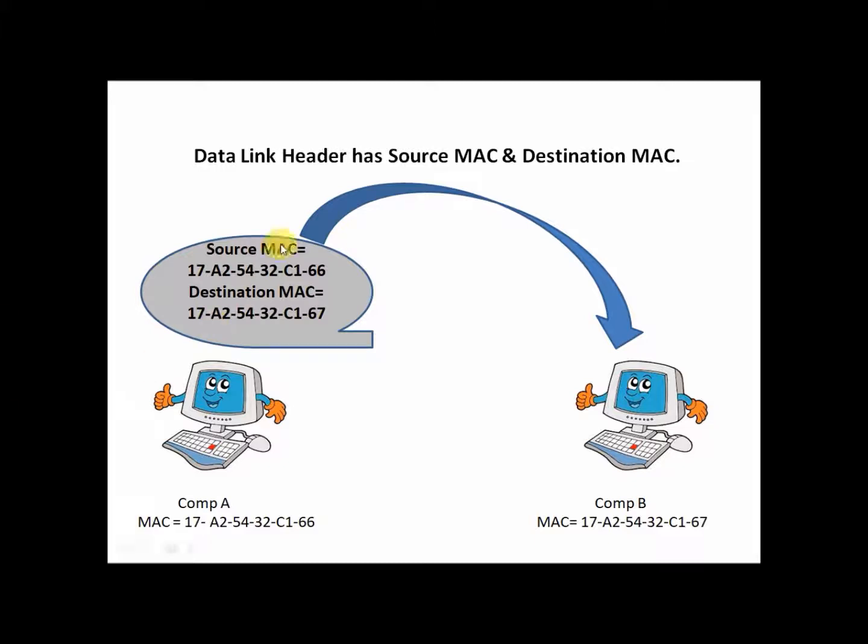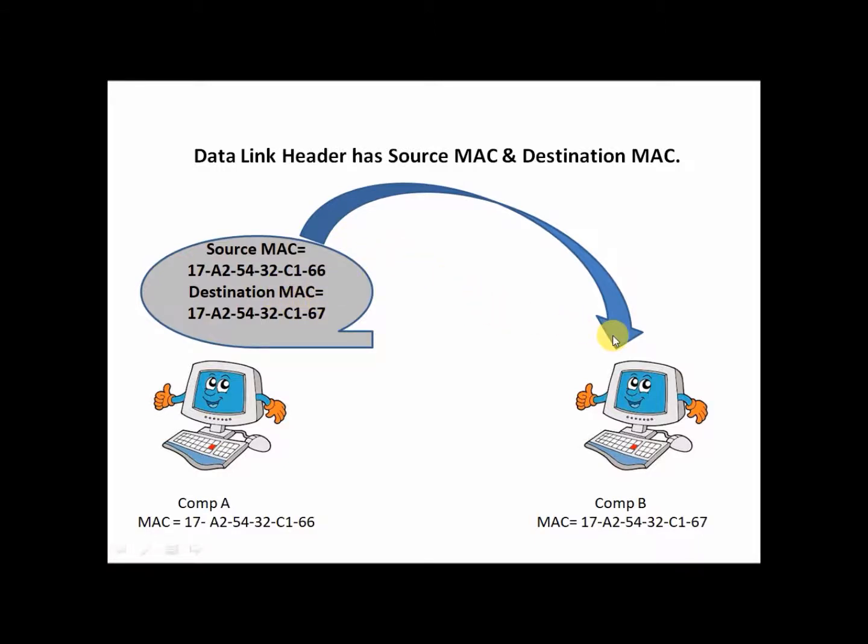So the source MAC will be 17 A2 54 32 C1 66. Suppose this is a MAC address. This is exactly the same address as computer A, and we have placed it in the source MAC. The destination MAC, the last one, will be 67. It is computer B. So from 66 to 67 it is being sent. That's why the source MAC is 66 and the destination MAC is 67.